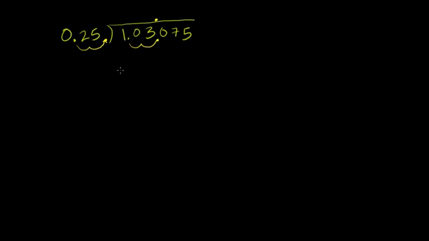To see why that makes sense, you just have to realize that this division problem is the exact same thing as having 1.03075 divided by 0.25.